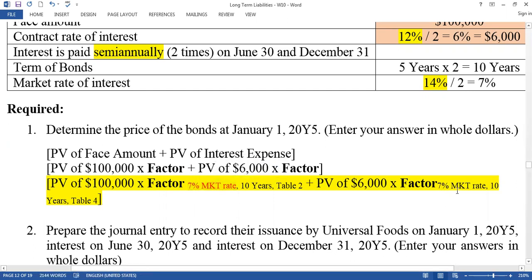To calculate the factor, we need the market interest rate. This is important for every question. And the compounded time period is 10 periods, no problem. And you should know which table is suitable for face amount and which table is suitable for interest.